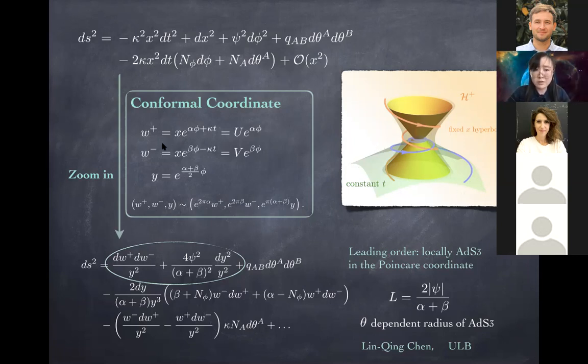And they all correspond to the same W plus value. So it's like a spiraling coordinate on the space-time and becomes the Poincare coordinate on the AdS3, where W plus and minus are like the Rindler coordinates on the boundary of AdS3, and Y is the radial direction of the AdS3.